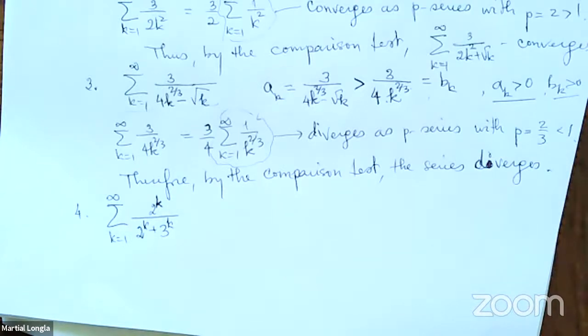And what do we do? Do you have to take out one of the functions in the denominator?